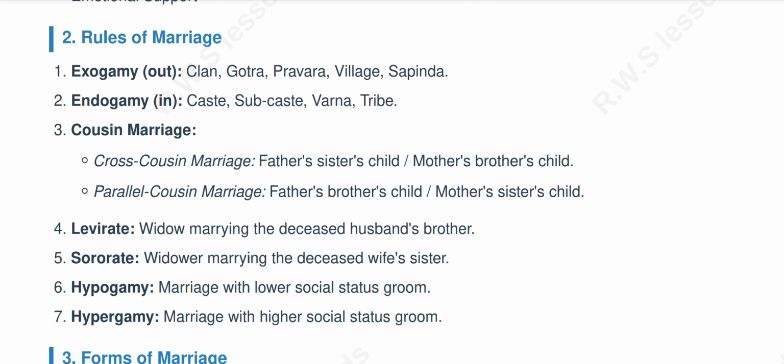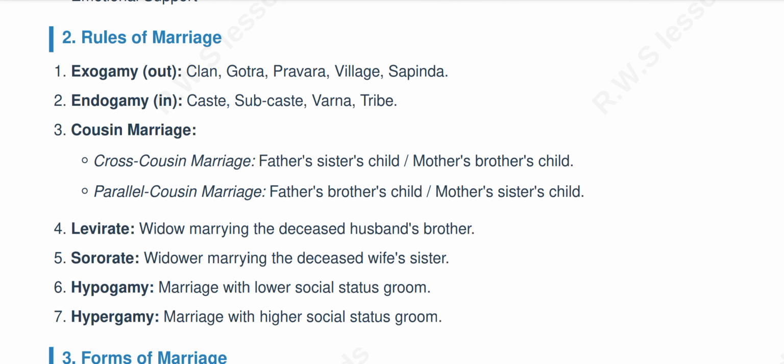This is known as exogamy because you're not allowed to marry a person from the same gotra or same village. You need a different person from a different village and a different gotra, someone from outside your group.